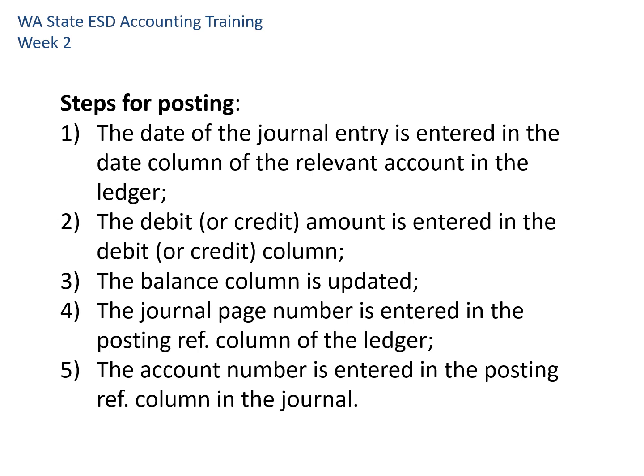You write the journal page number that it came from in the post-ref column of the ledger, and then back on your journal, you write the account number for where you posted that entry to the ledger. That allows you to trace from the ledger to the journal, the source where the entry came from, and it allows you to trace from the entry to the ledger where you placed that entry.